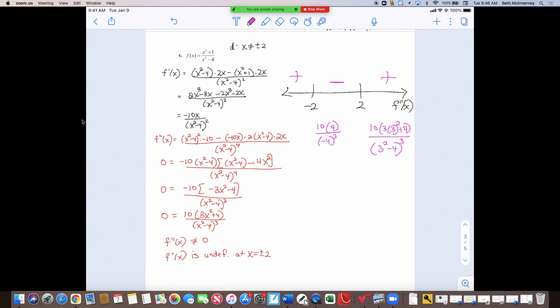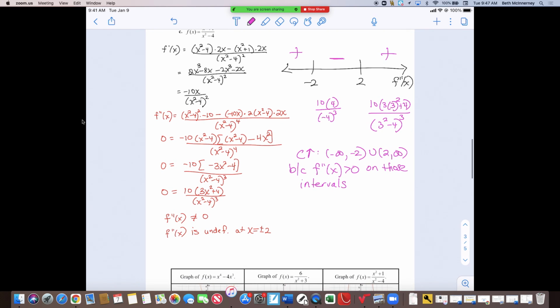This was a plus. So this is concave up from negative infinity to negative 2, union 2 to infinity, because f double prime of x is positive on those intervals. Concave down from -2 to 2, because f double prime of x is negative on that interval.